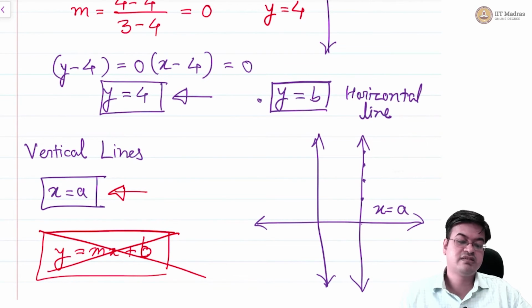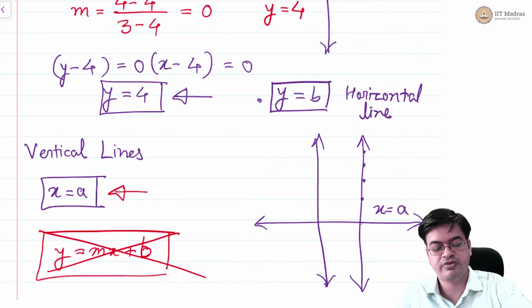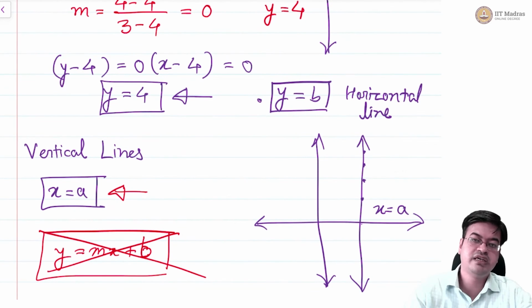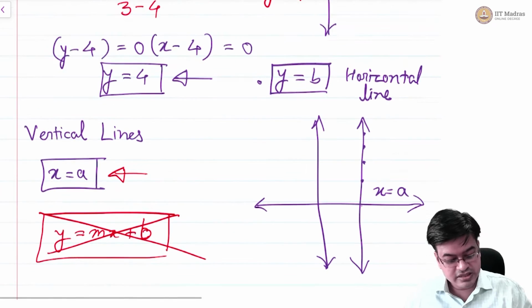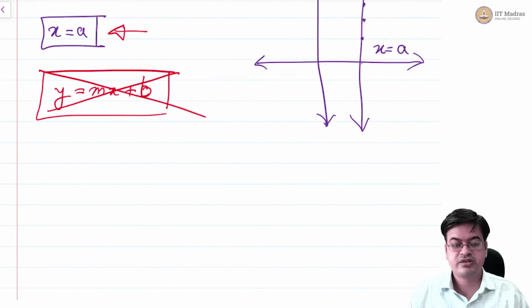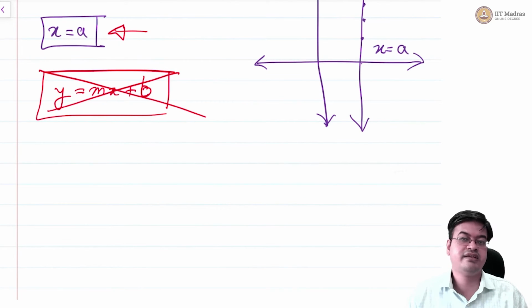There arises the need to study the lines in more generality, because whatever slope intercept, slope point, two-point form, whatever forms you studied so far, we are essentially dealing with the lines of the form y is equal to mx plus b. But these vertical lines do not come under that particular criteria. This gives us something to dwell upon, and how to represent a line in general, whether it is vertical or non-vertical.